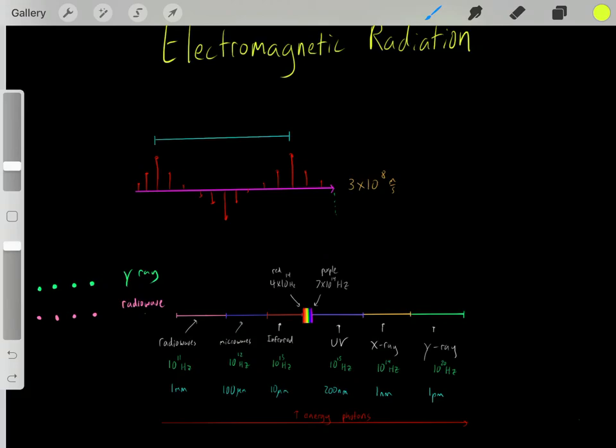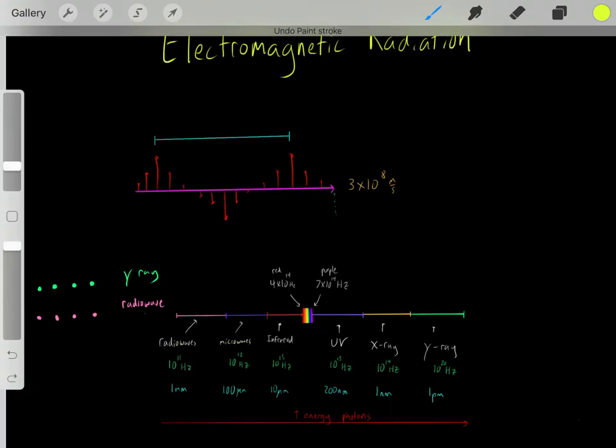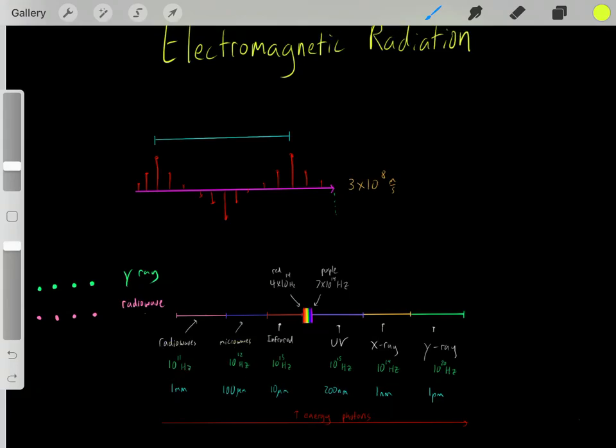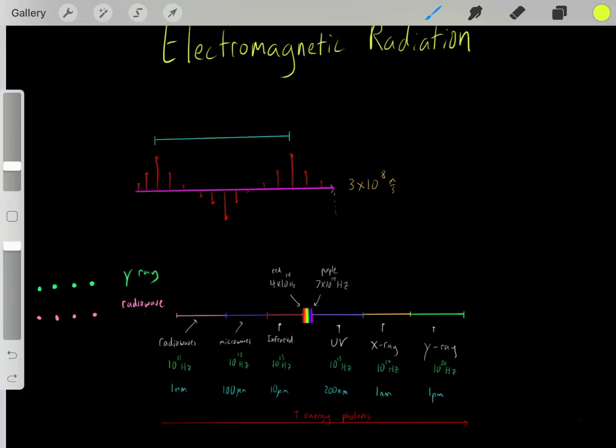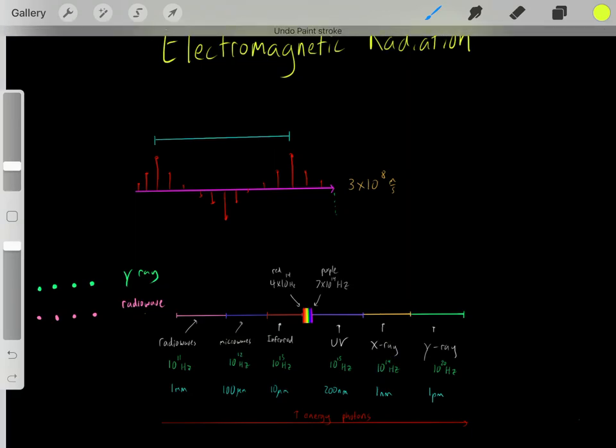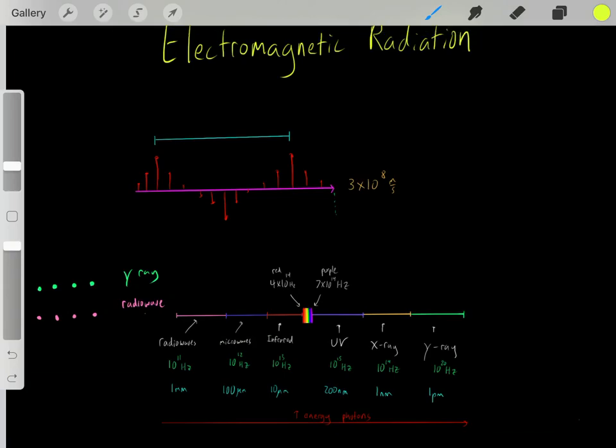And it's important to realize these are very general numbers. If you're curious, there's an exact spectrum with the exact numbers that determine whether it's a radio wave versus microwave. But these are just very general ideas to give you a ballpark figure of what kind of hertz is an X-ray and what kind of hertz is a microwave and etc. But again, we know the higher the frequency of the electromagnetic radiation, the more energy per individual photon.